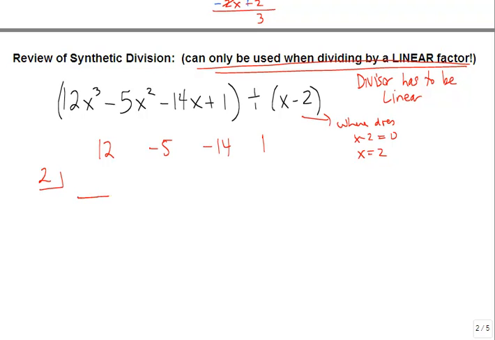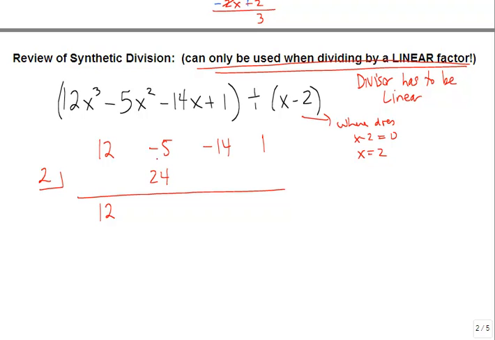So now we're going to draw a horizontal line going across with a little space in between. And this is how the synthetic division algorithm goes. First thing you do is bring this first coefficient down unchanged. So I'm not going to do anything to that 12 yet. Anytime you have a number below the line, it's going to be multiplied by this 2. So 2 times 12 is 24, and that gets written in the middle.